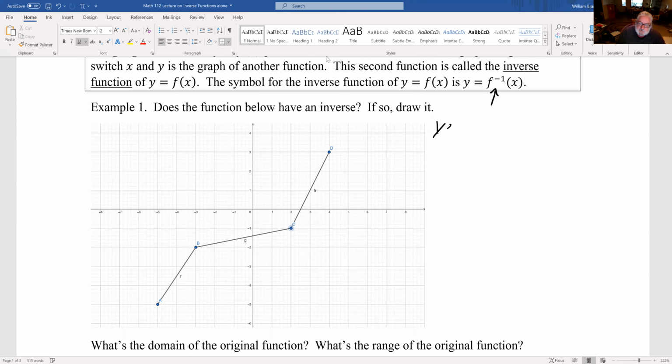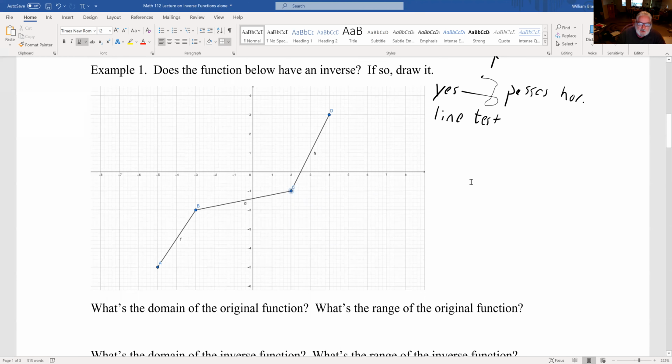It does have an inverse. It passes the horizontal line test. So that means if we reflect it over the line y equals x, we will get a function. If we want to draw it, what would it look like? Well, this is a bunch of points connected by various lines.